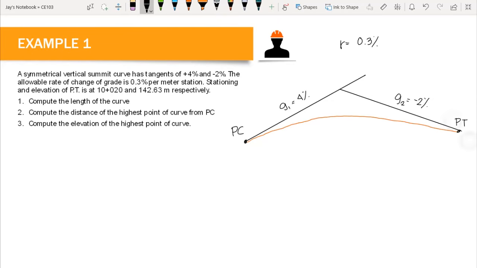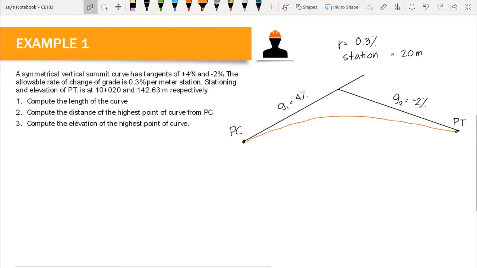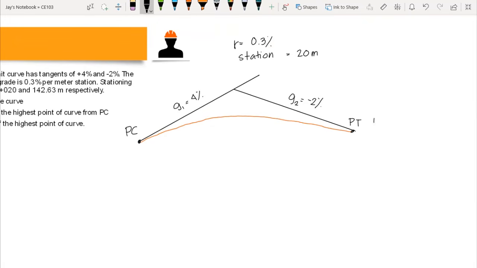Now, again, our stationing is every 20 meters. And then we have the stationing and elevation of PT. This PT here is 10 plus 020 and the elevation is 142.63 meters.